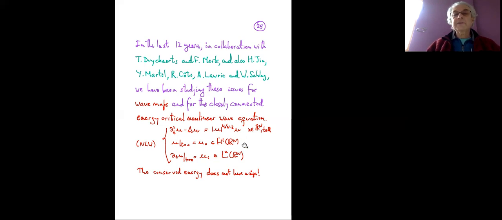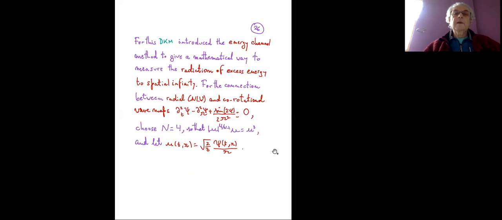So that's an interesting feature of this equation. And there are solutions with negative energy. In this setting, with Duyckaerts and Merle, we introduced a method which we call the energy channel method, which gives a mathematical way to measure this radiation of excess energy to spatial infinity.